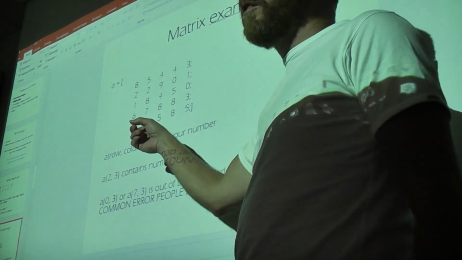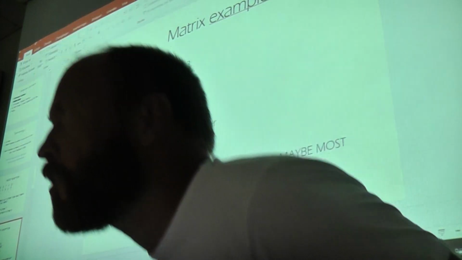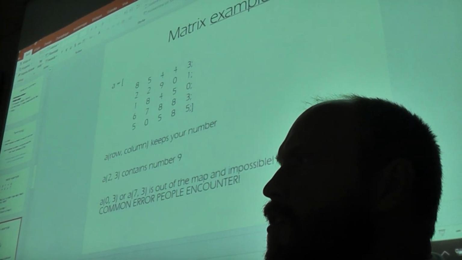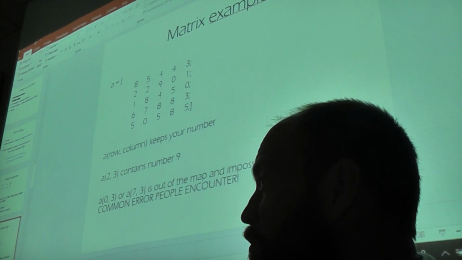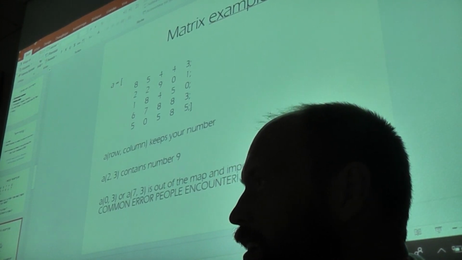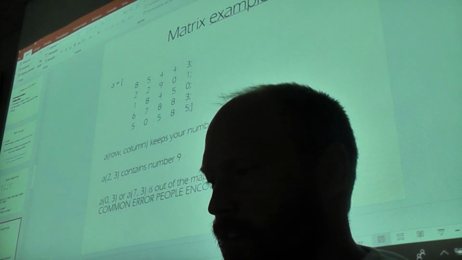So MATLAB can't get you this number. Then you will get an error. Red text in the command window, which says matrix out of bounds. Index in position 2 exceeds array bounds. Must not exceed 4 in this case.